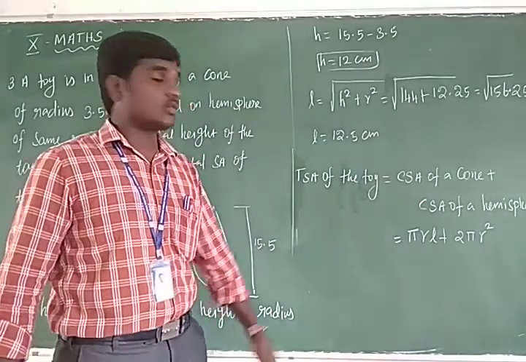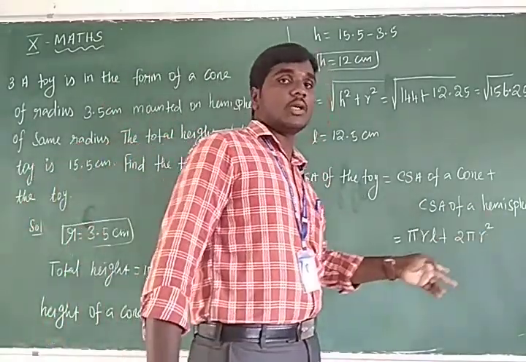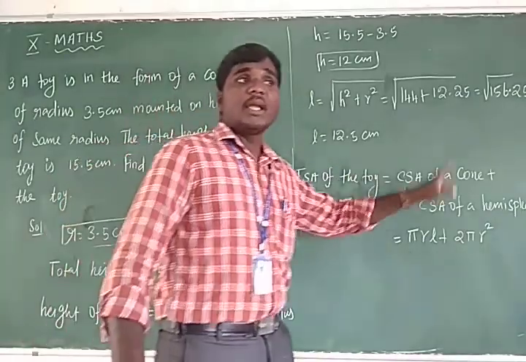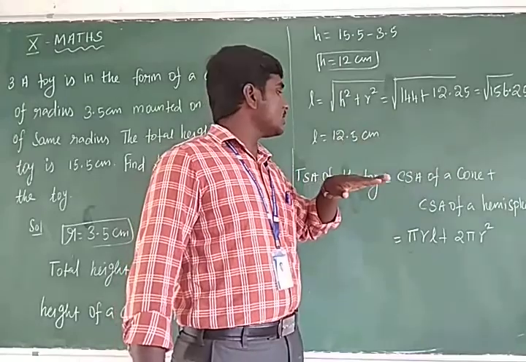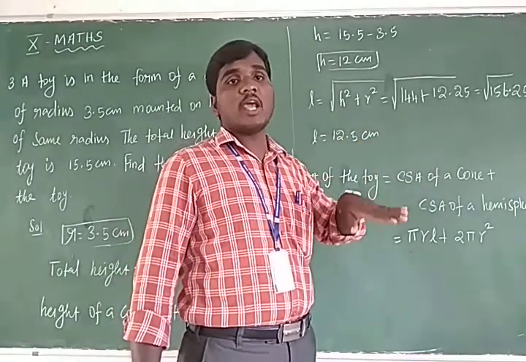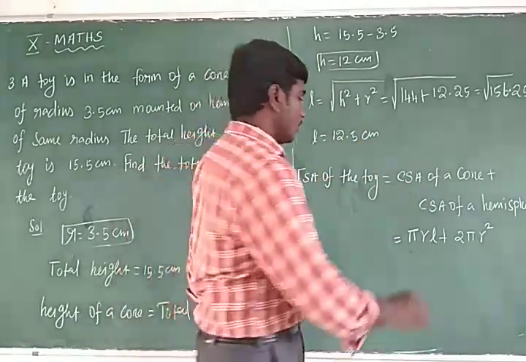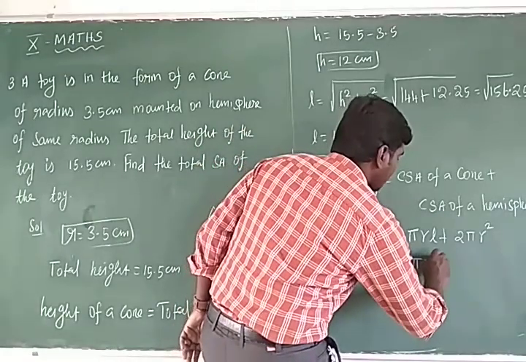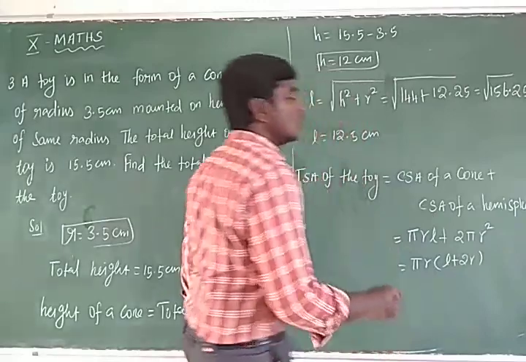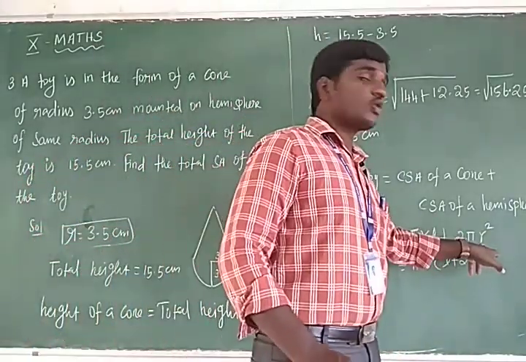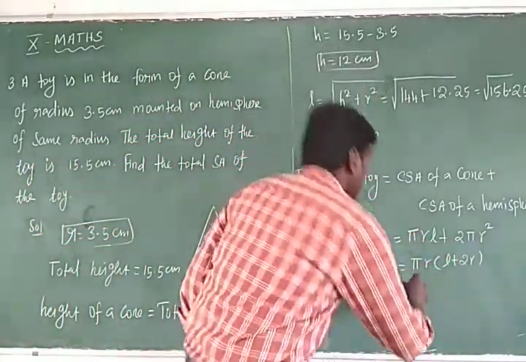What are the common values? Pi r is common, since the radius is the same for both shapes. So pi r times l plus 2r.